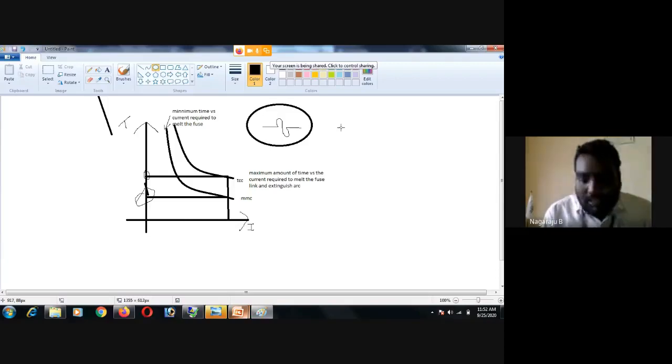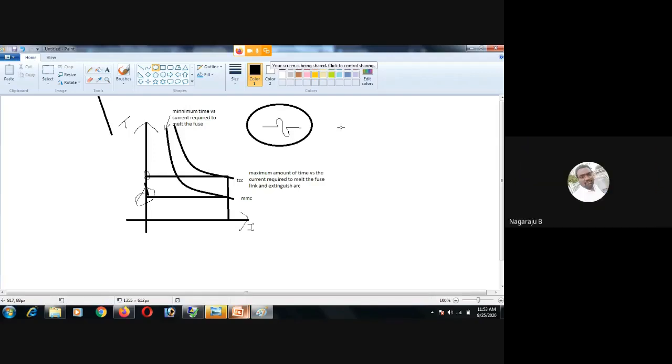The fiber fuse produces deionizing gases to extinguish the arc. These expulsion type cutouts are classified according to their external appearances and operational methods. Those classifications are enclosed fuse cutouts, as well as open fuse cutouts and open link fuse cutouts.